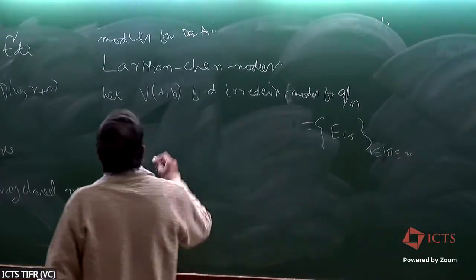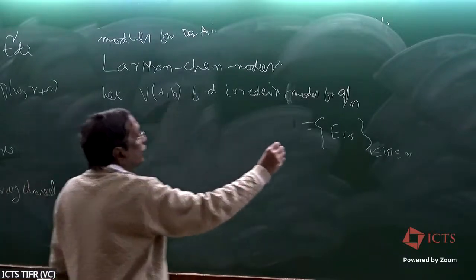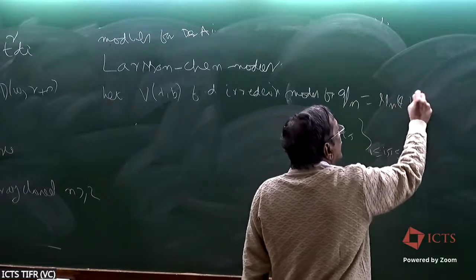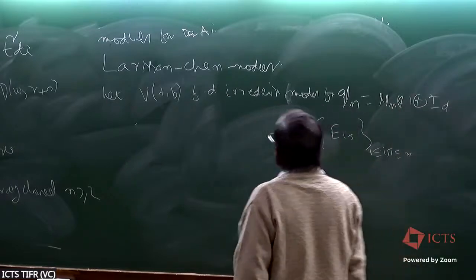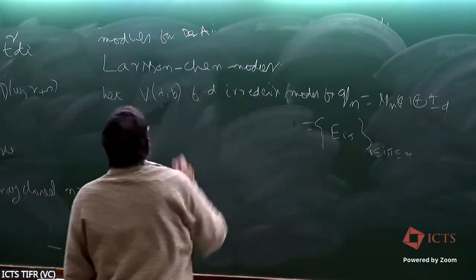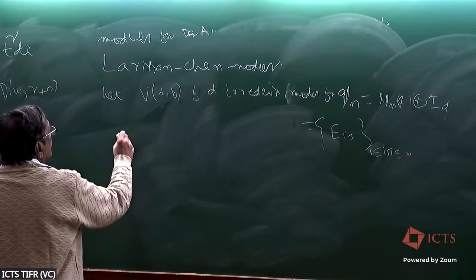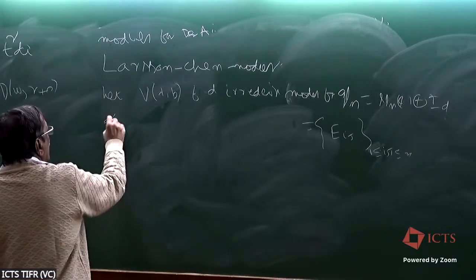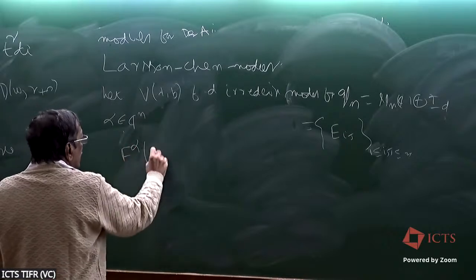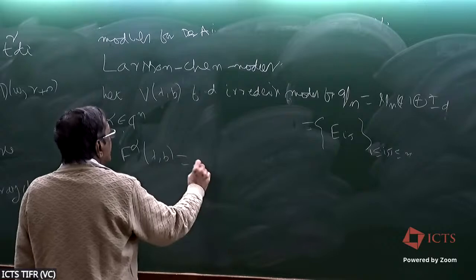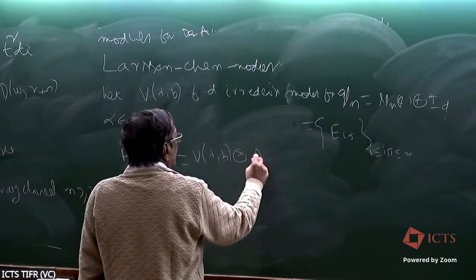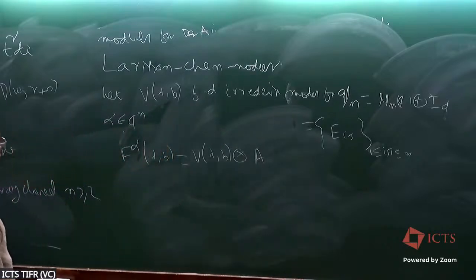Okay. Now this λ is dominant integral for sl_N(C). gl_N(C) is what? sl_N(C) plus the identity operator. So λ is dominant integral for this, and the identity acts by b. So the module is, and I also take α in C^N. F(α, λ, b) equals V(λ, b) tensor A.